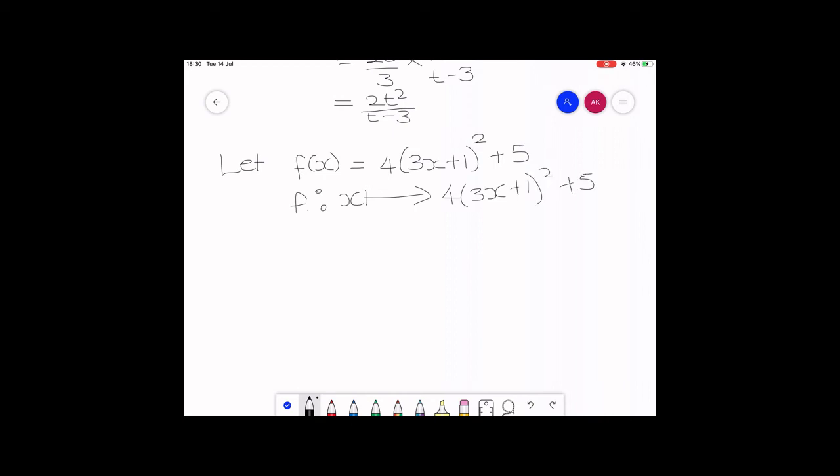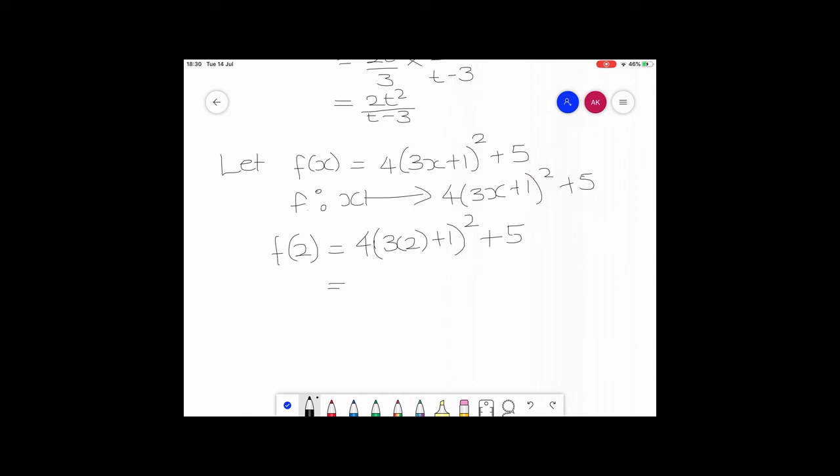So now we can be asked to find f of 2. What is f of 2? We are saying substitute where we have x by 2. We are inputting 2 into f of x. So we will first multiply it by 3, add 1 to it, square it, and then multiply by 4. Finally, add 5. So this will equal 4 in brackets 3 times 2 plus 1 squared plus 5.